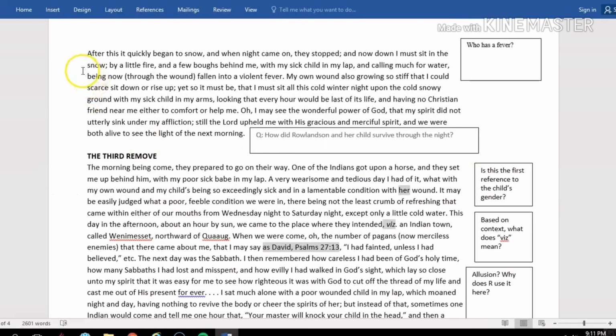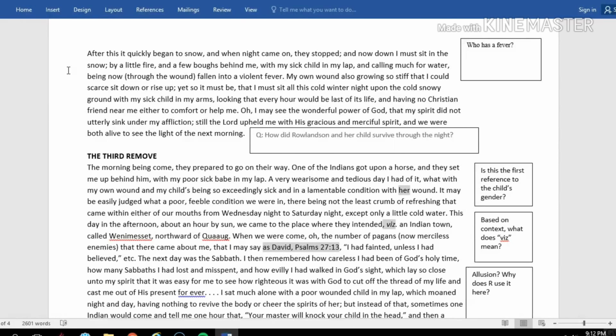After this quickly it began to snow, and when night came on, they stopped, and now down I must sit in the snow by a little fire and few boughs behind me, with my sick child in my lap, and calling much for water, being now, through the wound, fallen into a violent fever. My own wound also growing so stiff that I could scarce sit down or rise up.